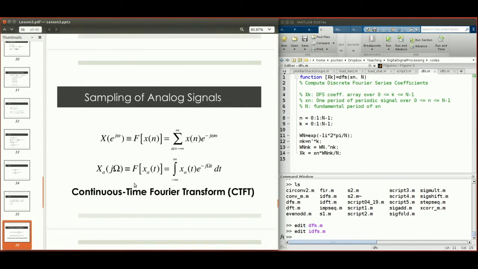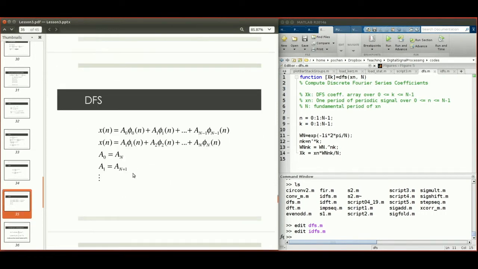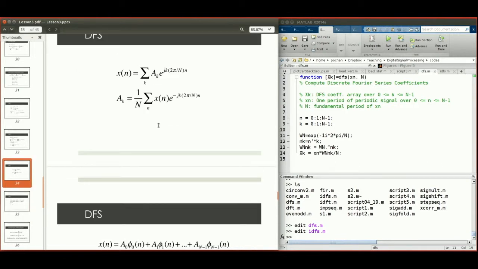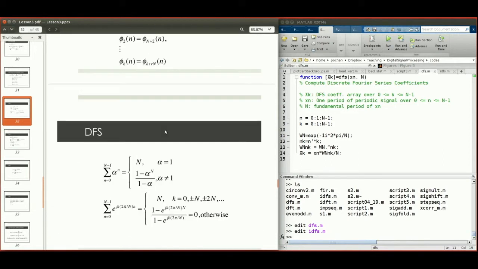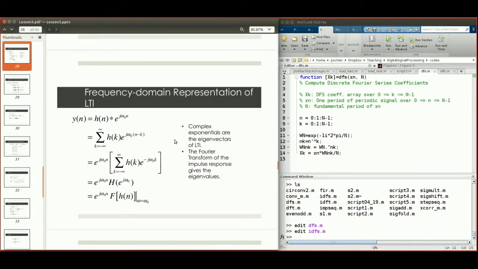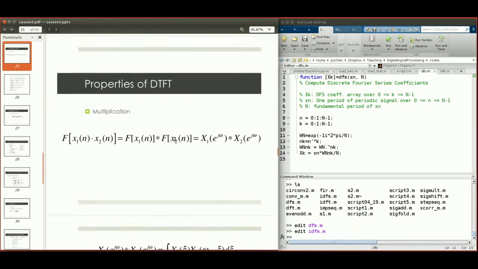And now let's write some Matlab code to implement this DFS pair, right? The idea is actually quite simple. It's pretty much the same as what we were doing before.